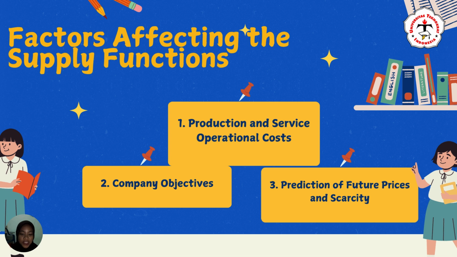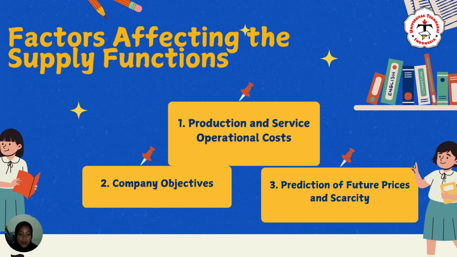Manufacturers do not dare to sell more products because if they do not sell, their loss will increase and they will not be able to cover the high production cost. Then there are company goals. The price of goods and the quantity offered depend on the company goals.